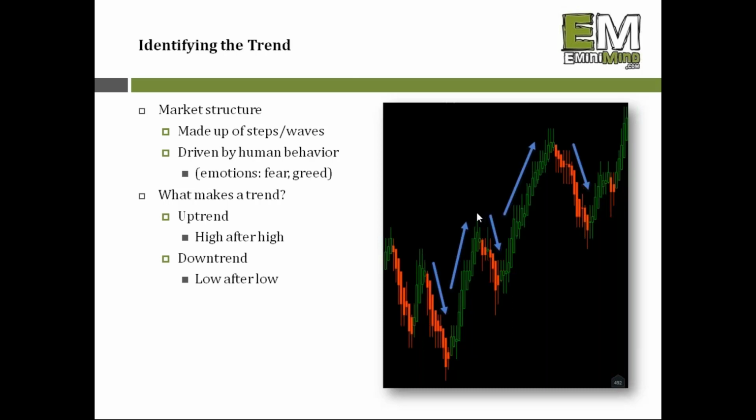Well, this high is higher than the previous high, and go through and mark up the higher highs, higher lows, lower highs and lower lows. Then you can really begin to clearly identify when we're in an uptrend, when we're in a downtrend, and when there's no trend.